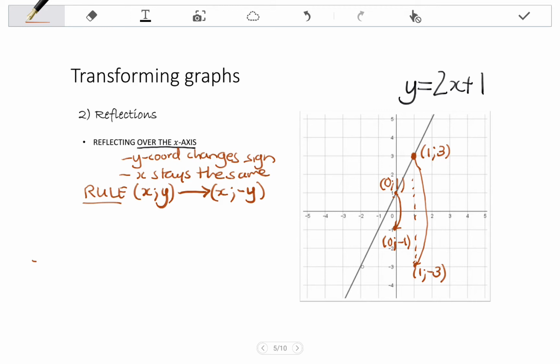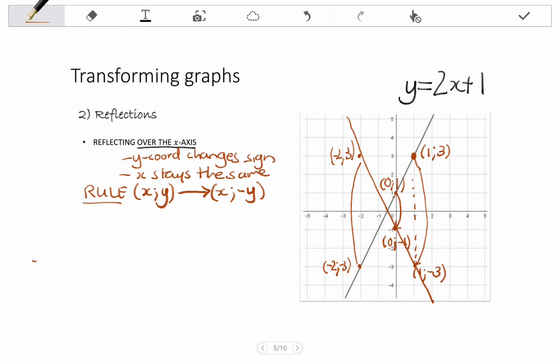Let's choose a point on the line which has the coordinates (-2, -3). That is going to be reflected vertically to have the same x-coordinate, -2, but the y-coordinate changes sign, so it goes from -3 to +3. So (-2, 3) is over there. If I draw that line, sorry, this is going to be very rough, the line is there. This line here is a reflection of the original graph over the x-axis.